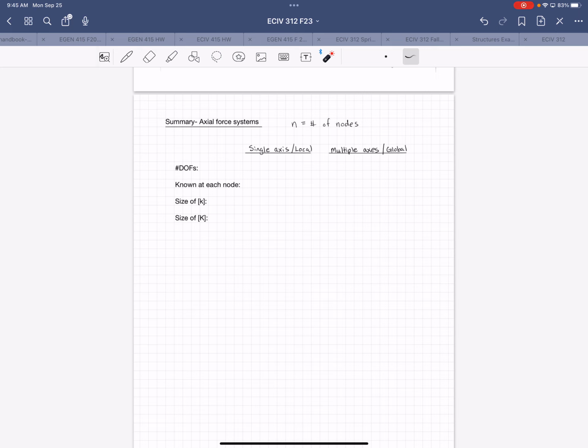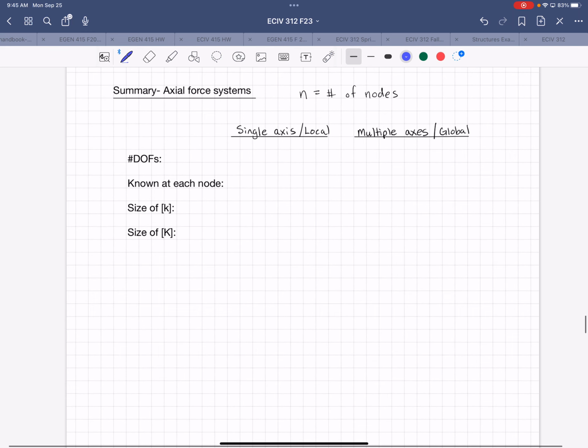This is comparing the single axis or local element for axial force systems. Number of degrees of freedom is 1. For trusses, we have 2 degrees of freedom, right? Because we're working in terms of global displacements. For the single axis axial force system, we know either the axial internal force or the axial deformation.